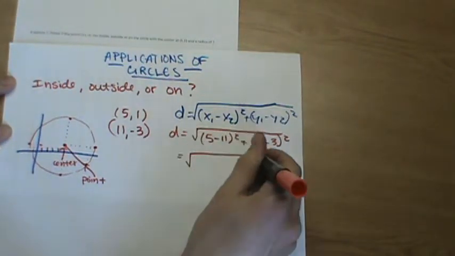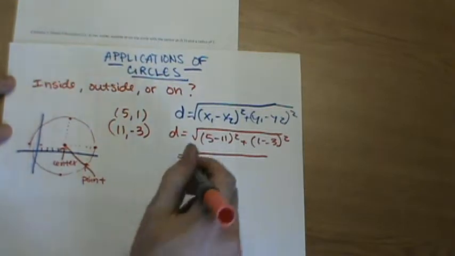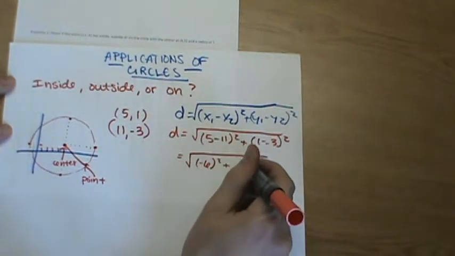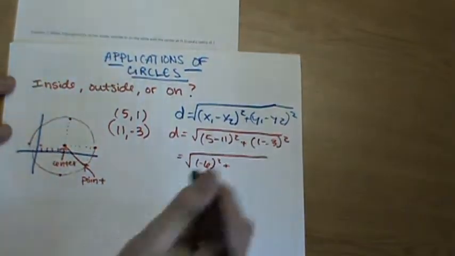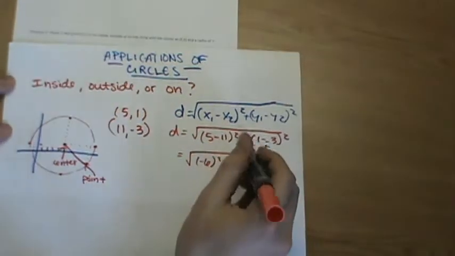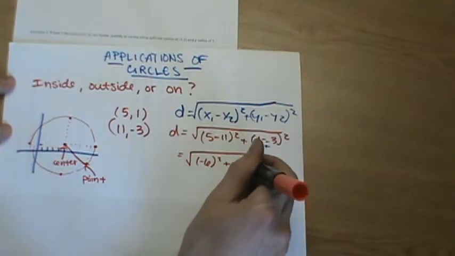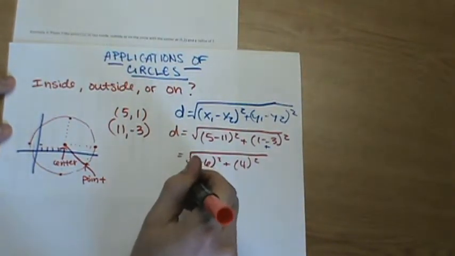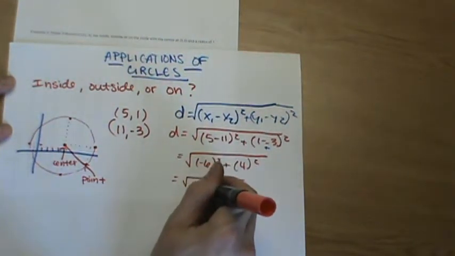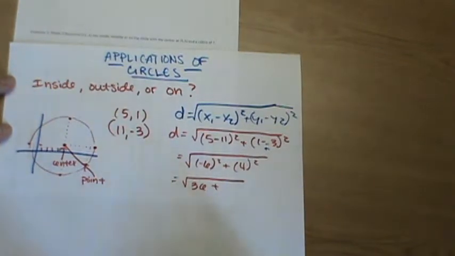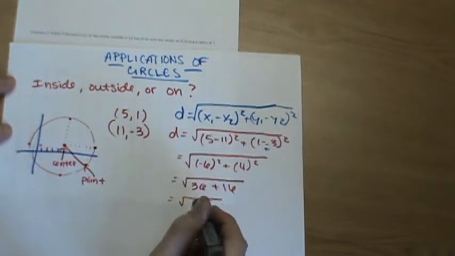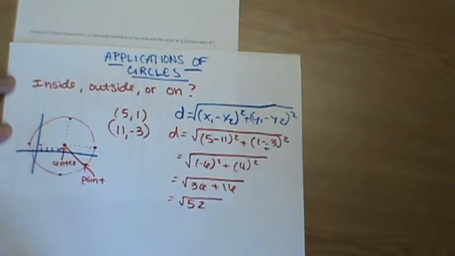Simplify this out. 5 minus 11 is negative 6. 1 minus a negative is the same thing as a plus. So this is 1 plus 3, which is 4 squared. Square it, that is. Negative 6 squared is 36 plus 4 squared, which is 16. Simplify that, and you're going to come out with 52.